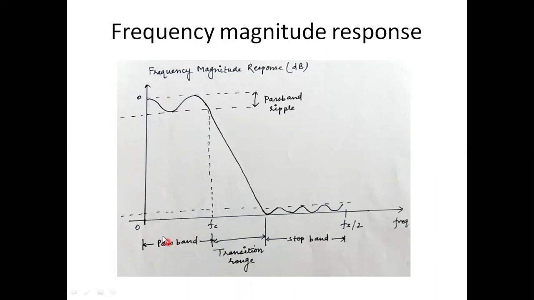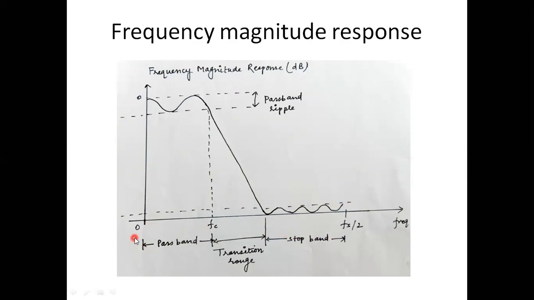So from here to here, this is your pass band ripple, and from here to here, this is your stop band ripple. From here to here, you are having a transition region, and from here to here, this is called the pass band, and from here to here, this is called your stop band, means this region is called the stop band region.